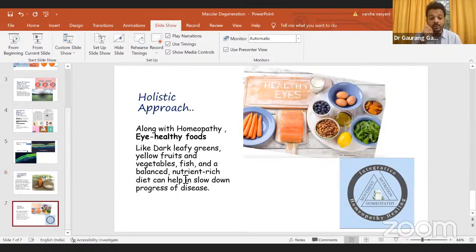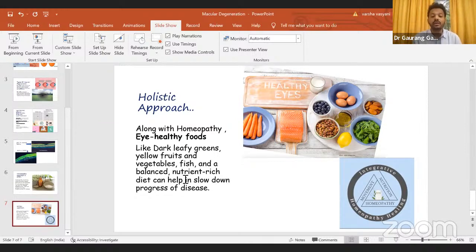So with this, I would like to invite all of you to spread the benefits of homeopathy for eye-related patients. Here, I would also like to add that in our clinic, we have added two very important things: along with homeopathy, we add certain lifestyle changes, dietary changes, and an exercise routine.